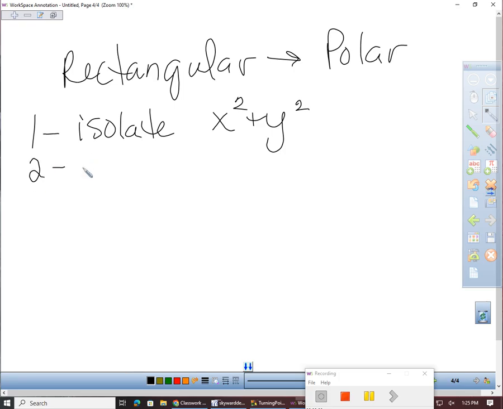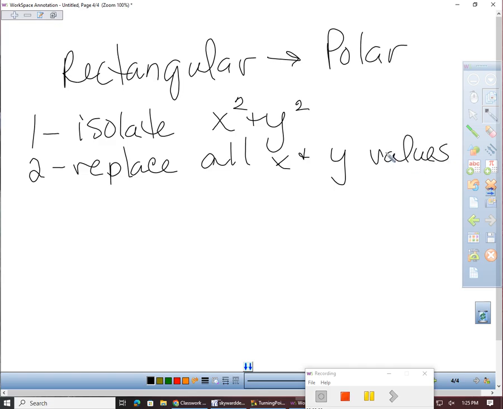Step 2, you're going to replace all x and y values. And then step 3, you're going to divide by r. Now that's if we have an x squared and a y squared. If we don't, you're just going to switch out x and y, and you get to skip that first step. Okay? So let's talk about a couple of those.